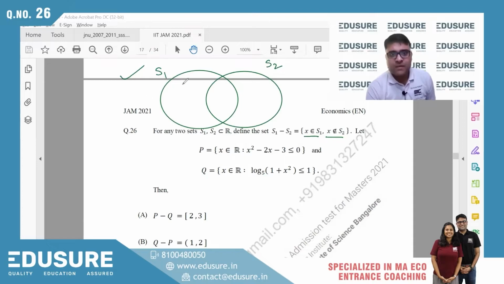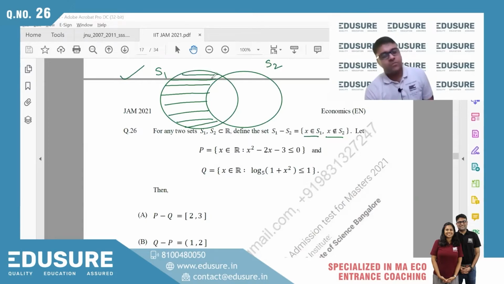Okay, S1 minus S2 will be all elements in S1 that are not in S2. So this shaded area, that is all elements in S1 without the intersection, is S1 minus S2. ठीक है?